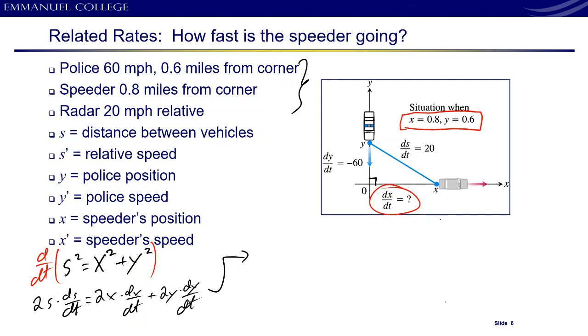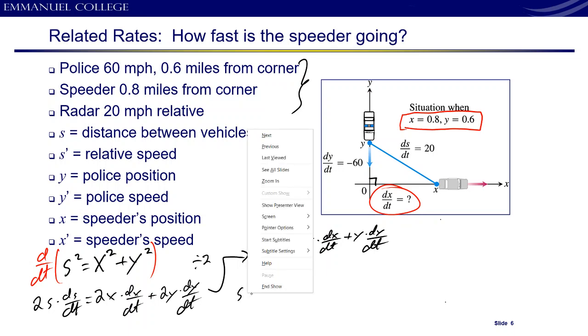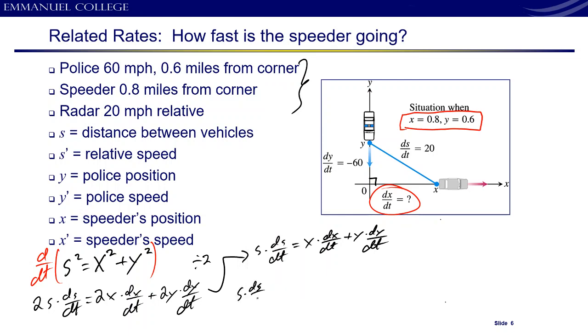So again, I divide out 2, and that gives me s ds/dt equals x dx/dt plus y dy/dt. Then I subtract the y dy/dt term over, so I get s times ds/dt minus y times dy/dt equals x times dx/dt.